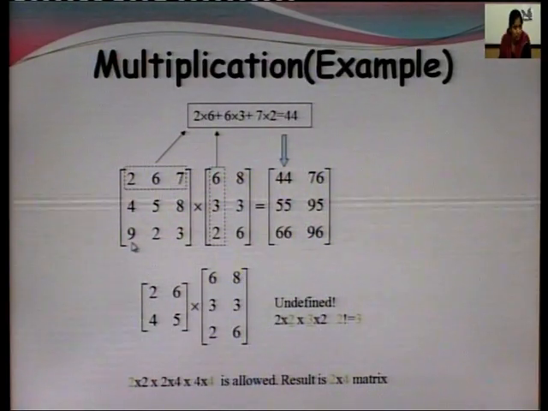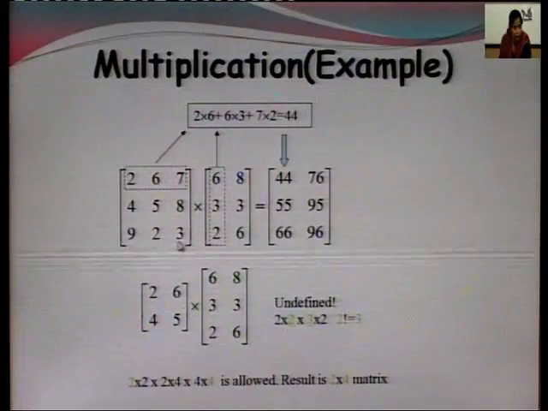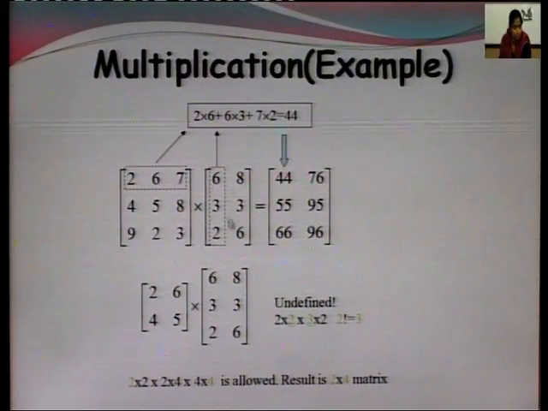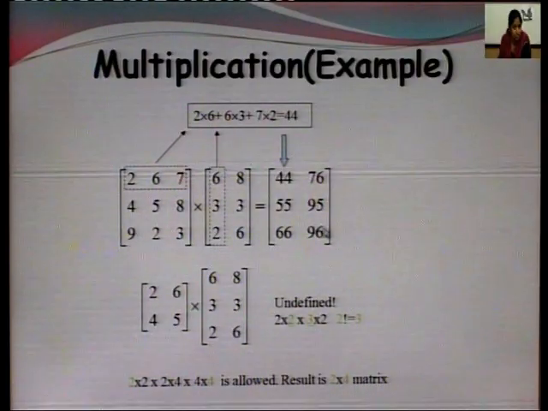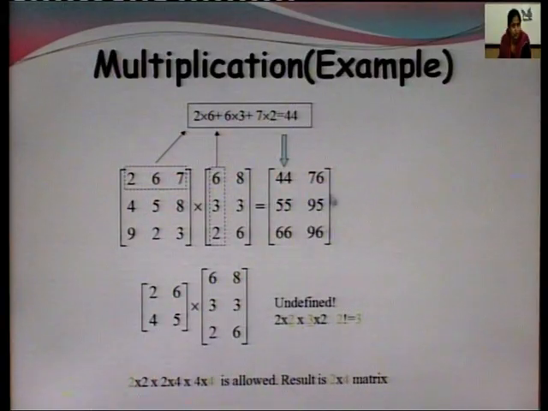Then we multiply the third row with the first column, we get the 3 1 element, and the third row with the second column, we get this 3 2 element. So, the resultant matrix size is the number of rows in the first matrix and the number of columns in the second matrix, that is 3 by 2.